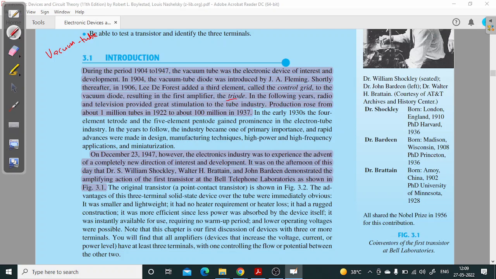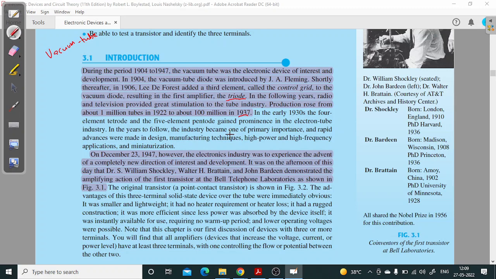So before BJT, vacuum tube based diodes and triodes were popular and used around the world. The production rose from about 1 million tubes in 1922 to about 100 million tubes in 1937. So this is the pre-BJT era.